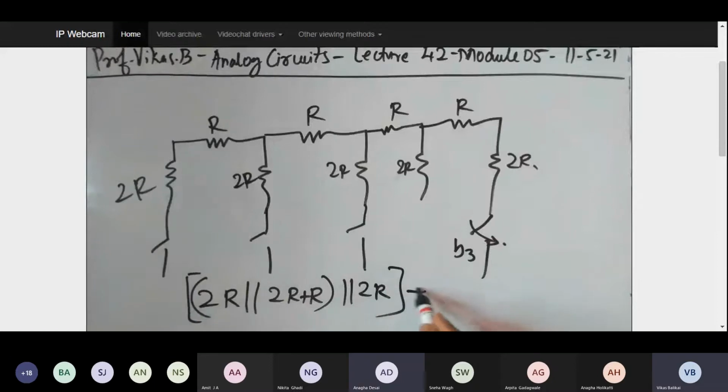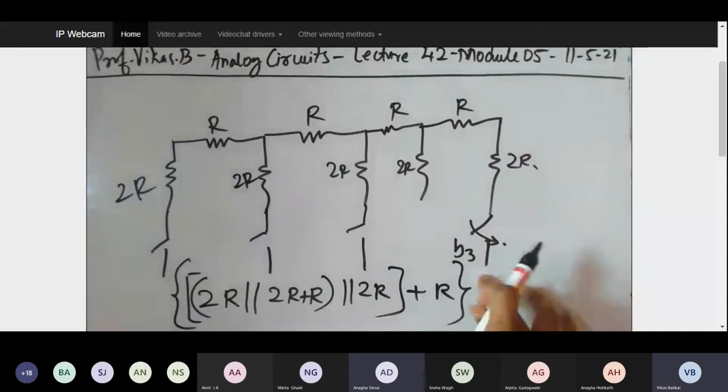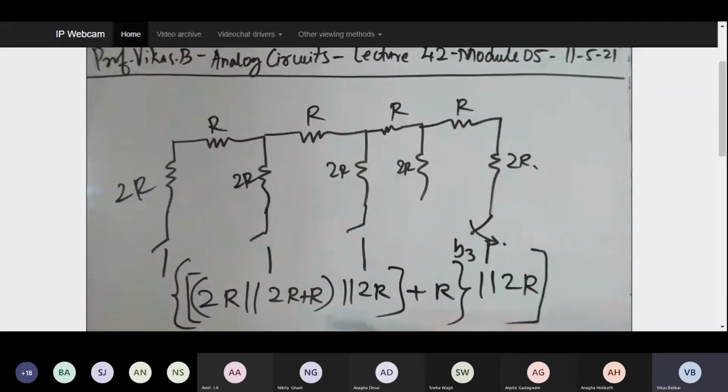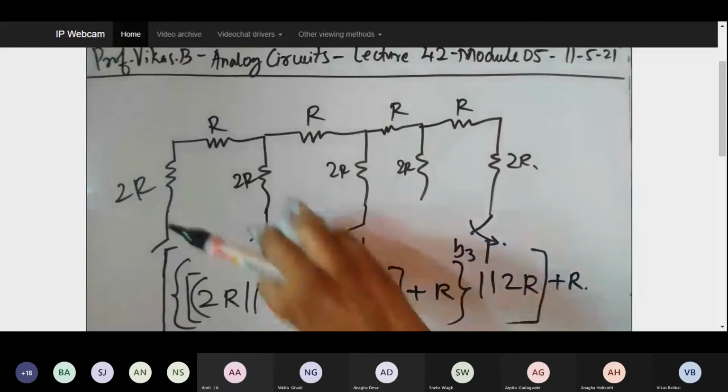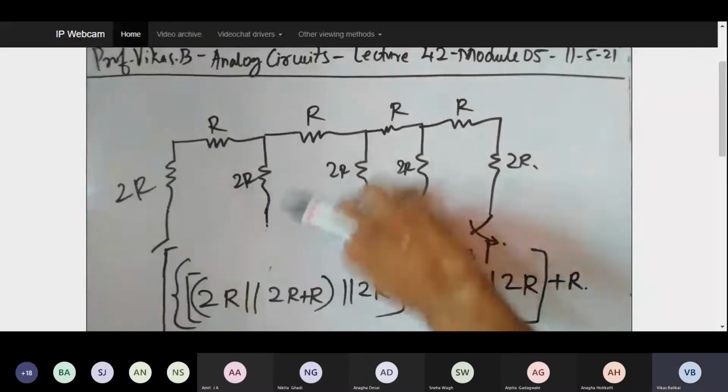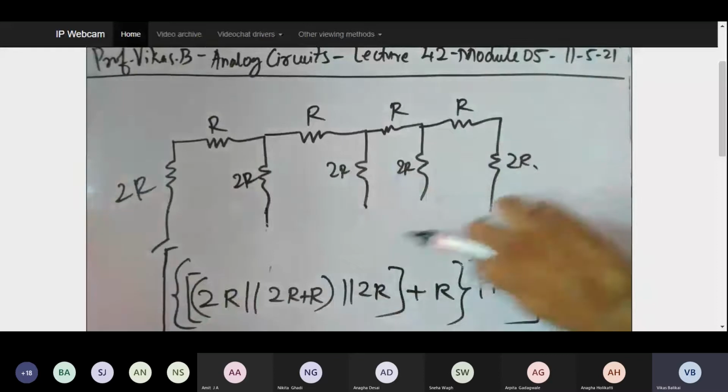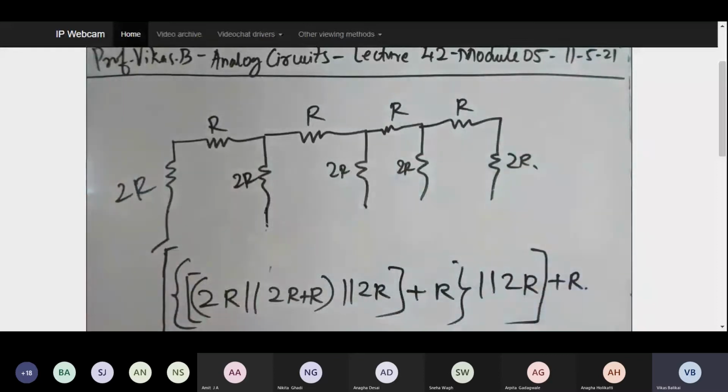This will be in series with R. And then this entire thing is in parallel with 2R. And then I close this bracket, and this is in series with R. So this was the thing that I wrote.